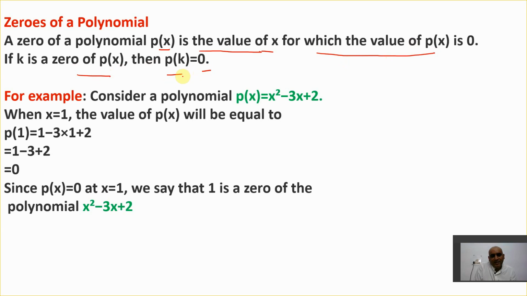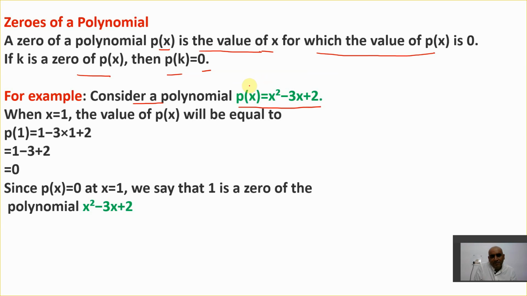Let's understand it with the help of an example. Consider a polynomial like this. The polynomial given to you is x squared minus 3x plus 2. Now we need to find a zero of the polynomial.